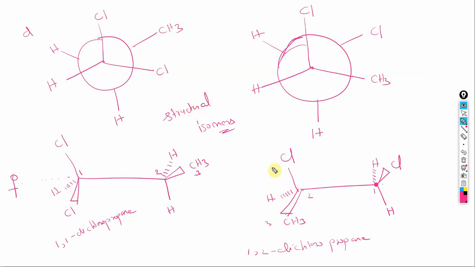And they are not conformers, or they are not geometric isomers. They are structural isomers of each other. So this is the skeletal structure, and here the skeletal structure is going to be 1,2-dichloro. All right, so that way you can identify that this is not just stereoisomers.